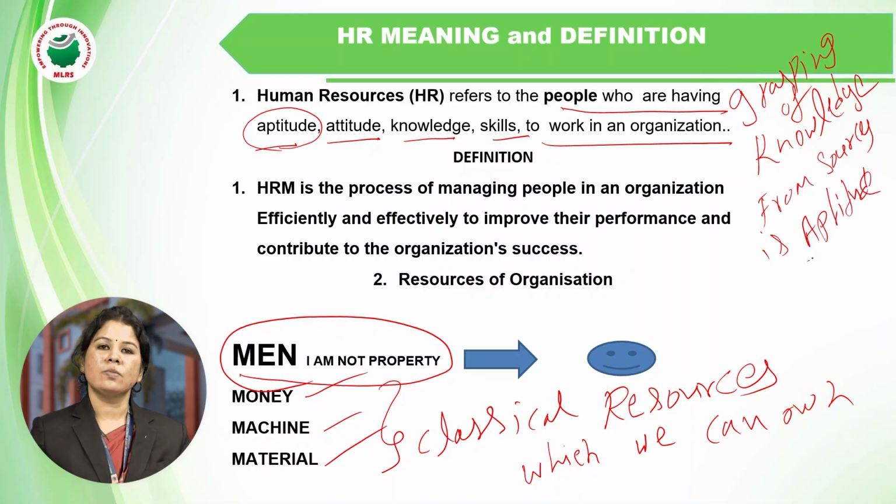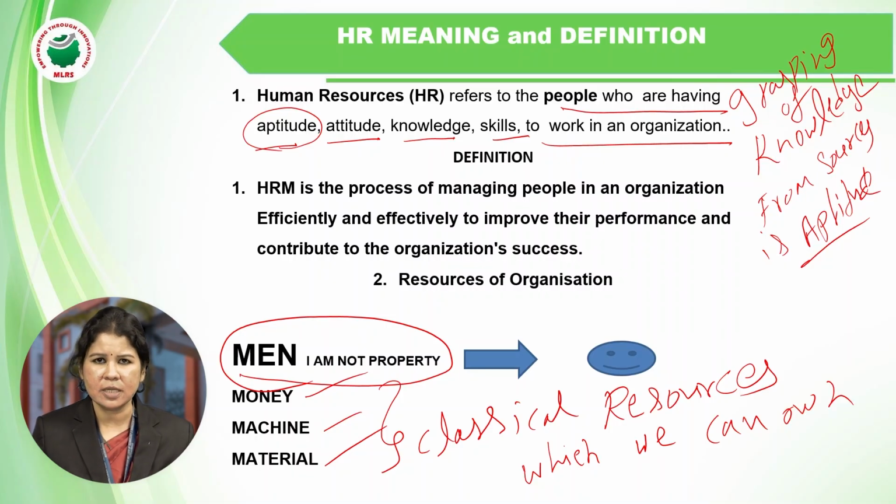Suppose you have an aptitude test. In that they see your grasping power, meaning your understanding levels. Suppose they have given one pattern, how quickly and how clearly you understood. That says your level of aptitude. That is referred to as a human resource.